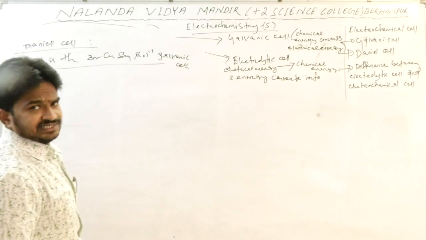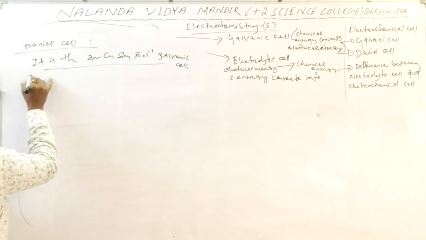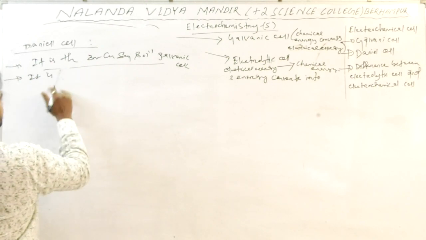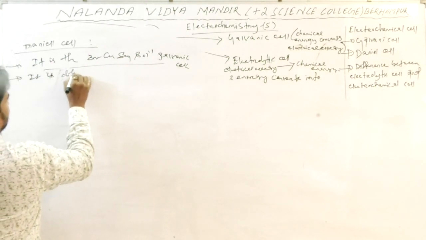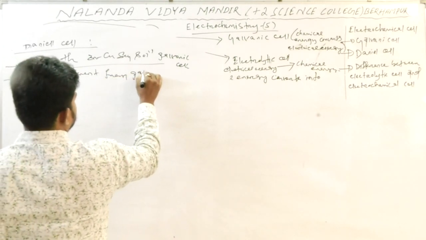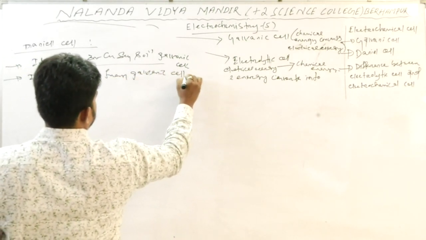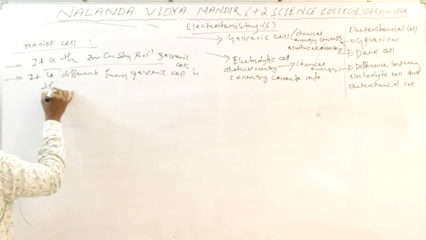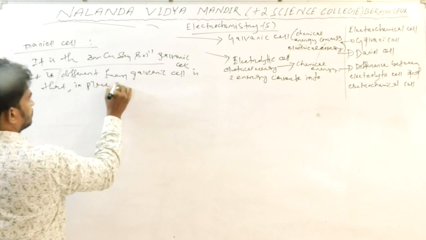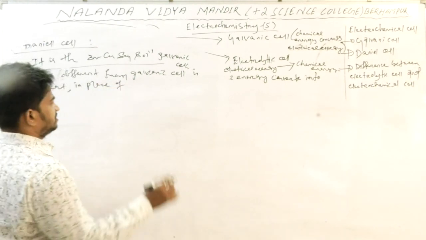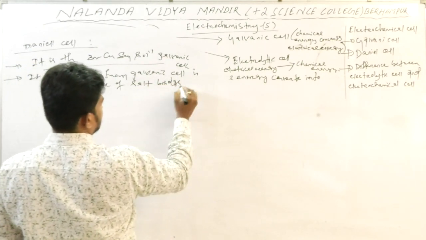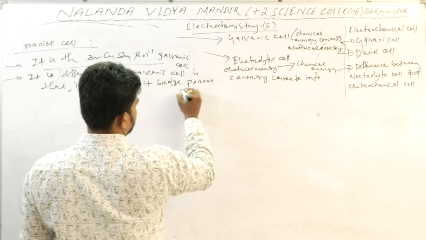Here it is different from the galvanic cell in that in place of the salt bridge, a porous pot is used.